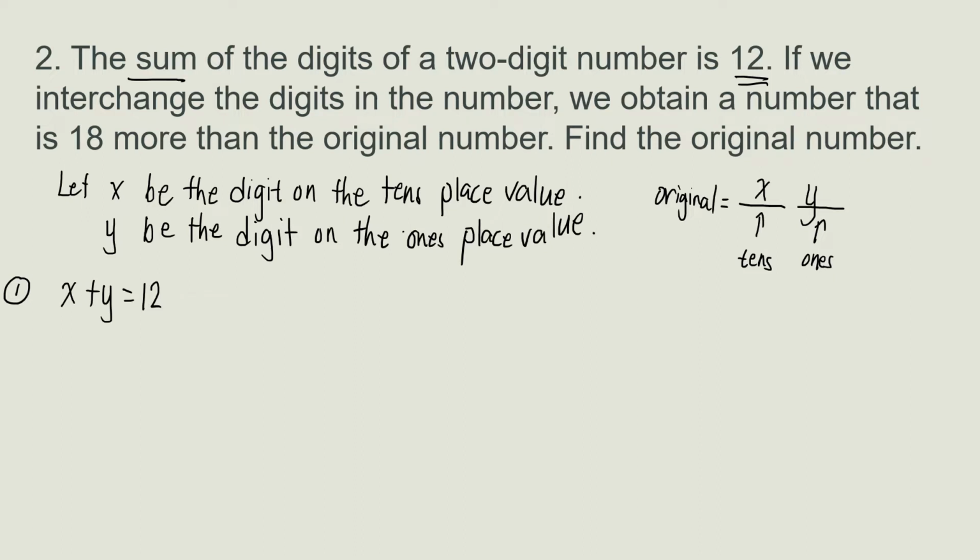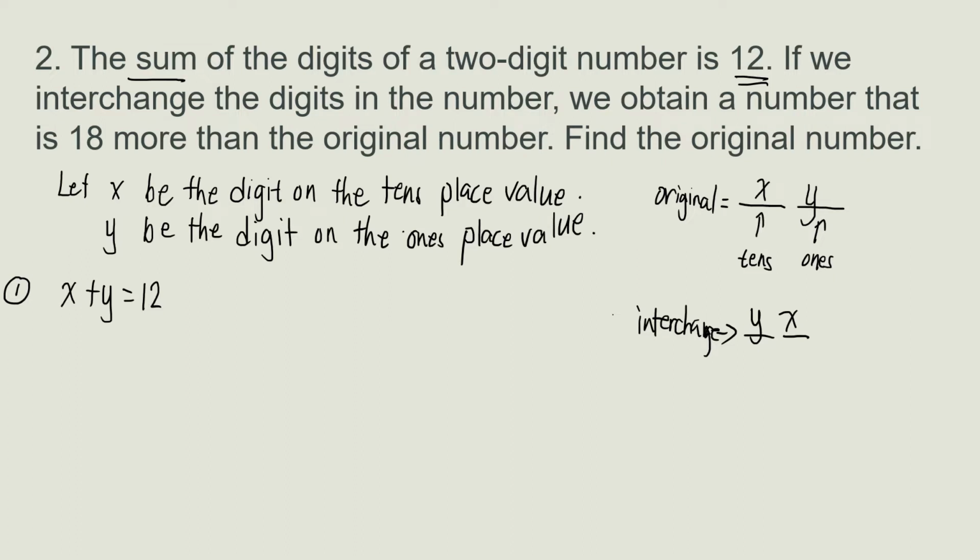That's how we represent them. If we interchange them, the new number will be yx, although we're looking for the original number. So just to represent this, the second sentence.